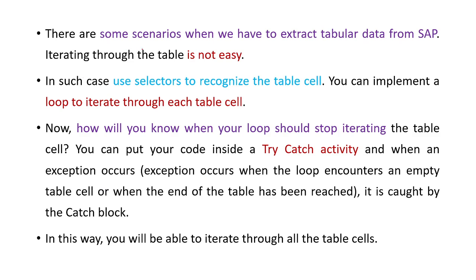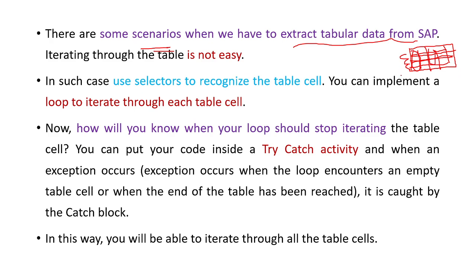Okay, with this we shall follow the other steps. There are some scenarios when we have to extract tabular data from SAP applications. Sometimes SAP applications provide the data in the form of a table, with rows and columns like this. Clear? In this case, the robot has to iterate through all the rows one by one, in order to extract a particular column or two columns, and so on.